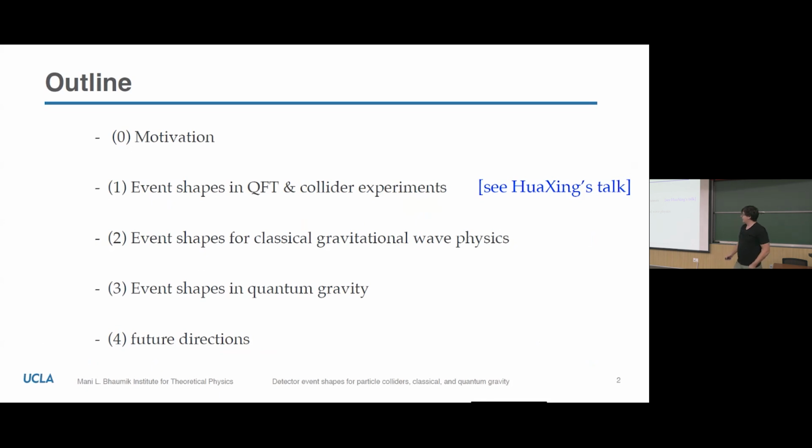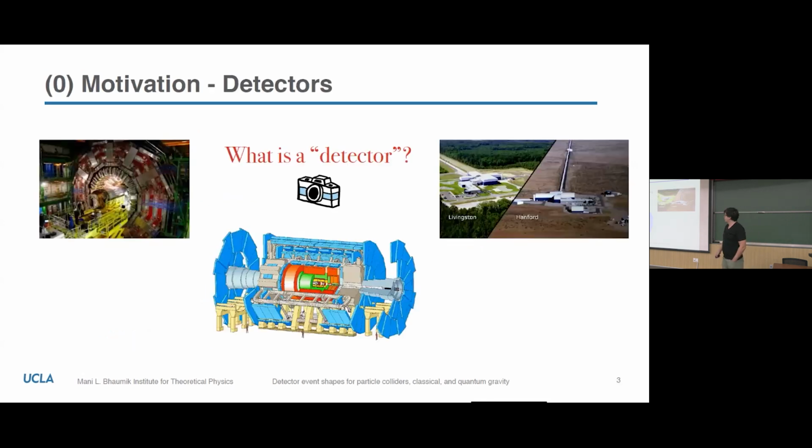And then I'll explain how LIGO and gravitational wave detectors can be understood in this new language of event shapes and detectors. And then I'll come to a more inspirational field that's trying to study these event shapes in quantum gravity and trying to make sense of quantum gravity in terms of asymptotic measurements. And then I'll close with some future directions.